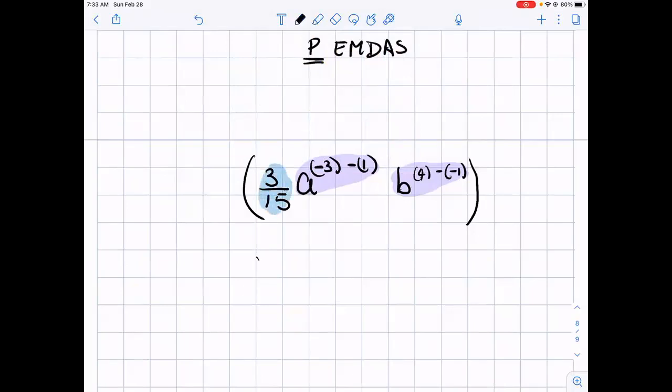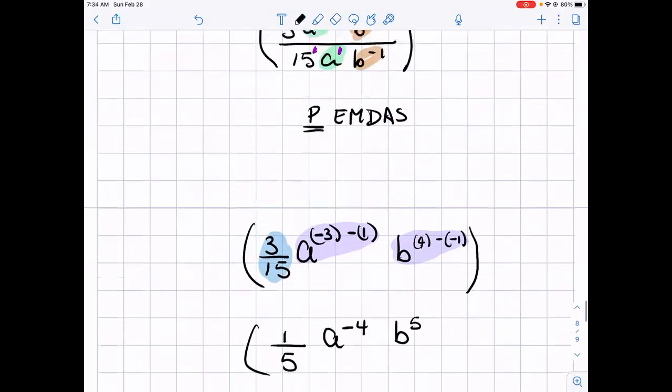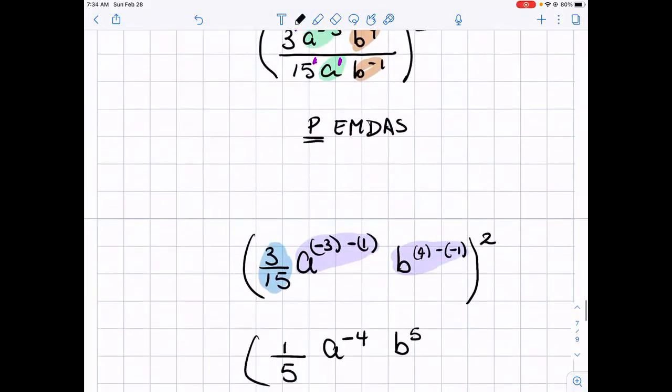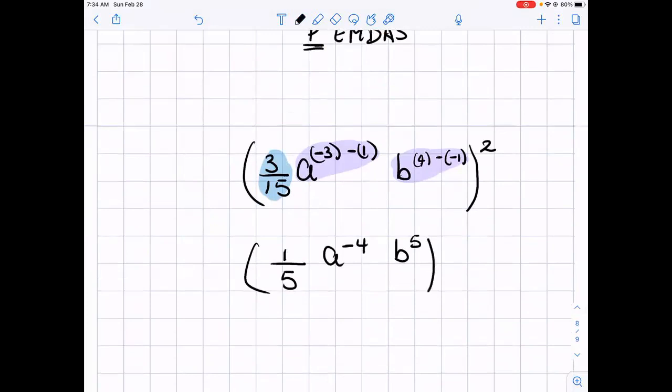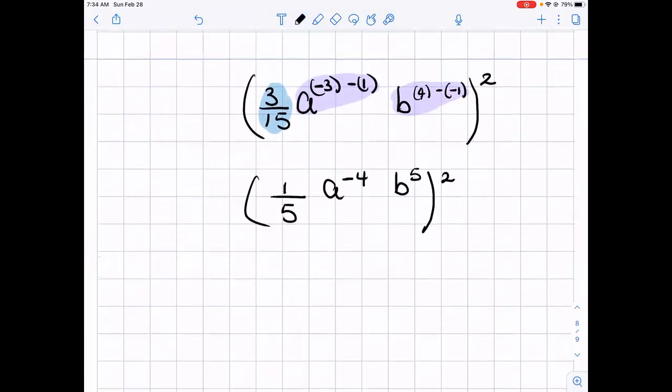I can simplify this, so this becomes 1 over 5. A to the minus 4th, b to the 5th power. Don't forget we had a power on the outside of a 2, so I rewrite that power on the outside as a 2.